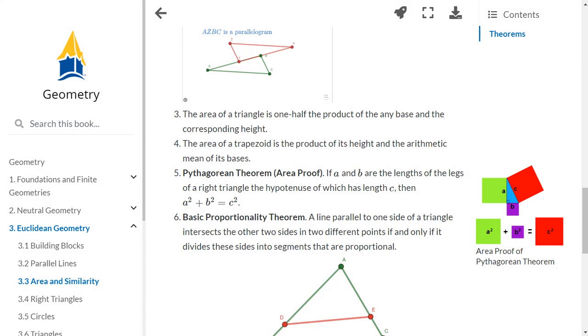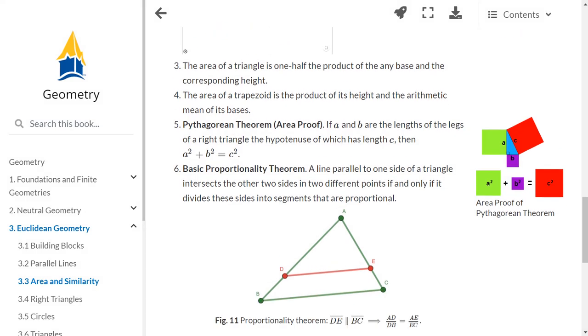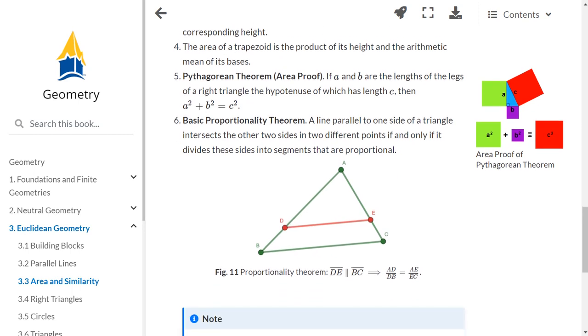And then finally, the most important theorem in the section, I mean, I suppose the Pythagorean theorem is probably the most important in this section, but it's not that hard to prove. So kind of the key result that's a little bit difficult is the basic proportionality theorem.